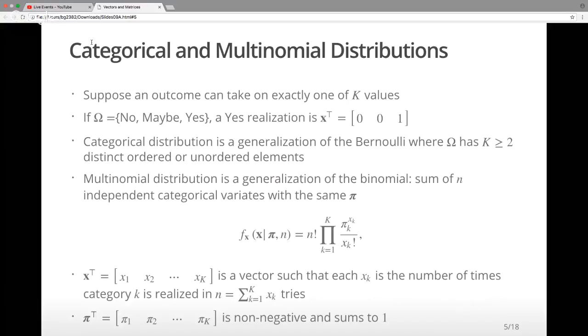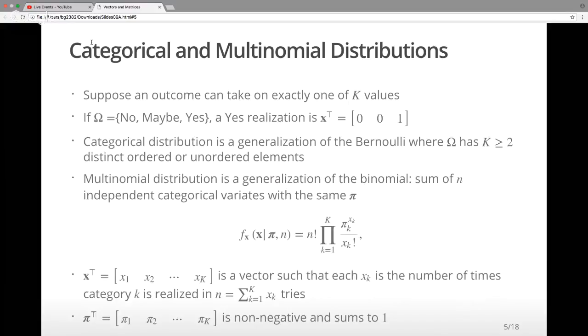It is a vector of non-negative values that sum up to 1. And so the parameter pi of the categorical distribution is really just representing this probability mass function.